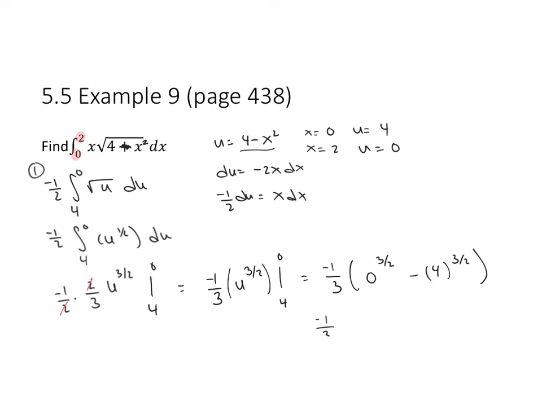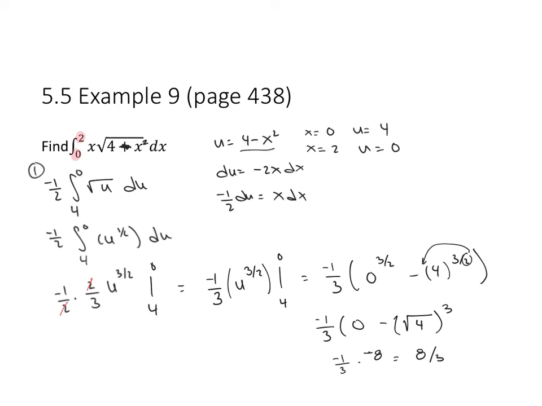So that's negative 1/3, 0, and then that's the square root of 4 cubed. So the denominator comes out and becomes the radical, and the numerator stays as the exponent. So that's 2 cubed, or 8. So that will be a negative 8 minus a negative 1/3, which is a positive 8/3.